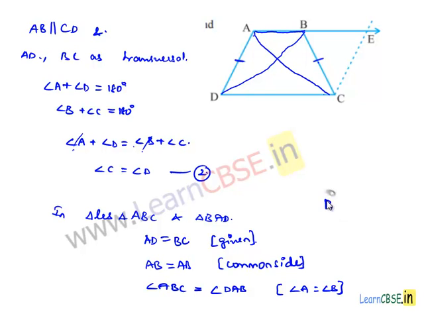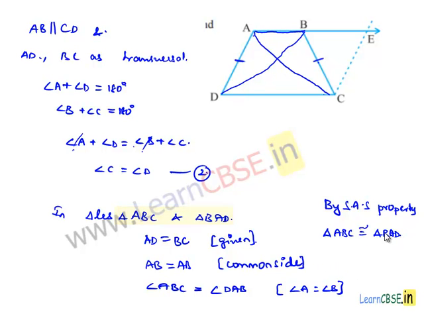Therefore, by SAS property, as two sides and the included angles in both the triangles are equal, we can say triangle ABC is congruent to triangle BAD.